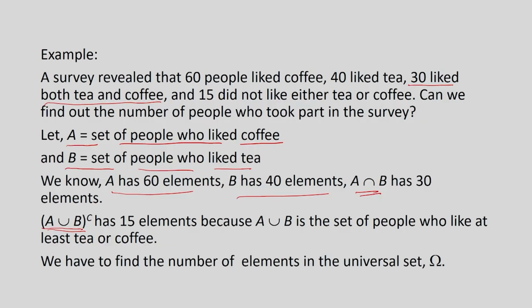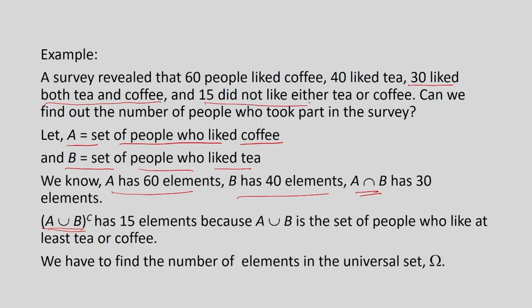So, we first construct this set A union B, and if we take the complement of that, then that set is the set of people who do not like either tea or coffee, right, and so that set has 15 elements as given in the question.